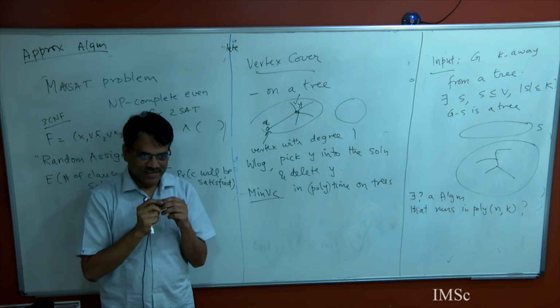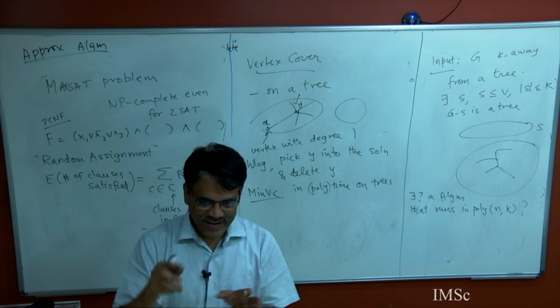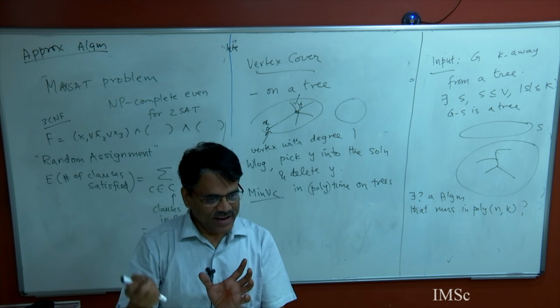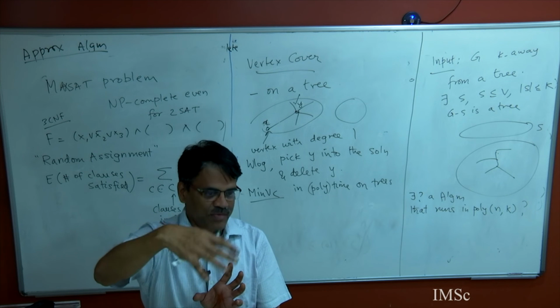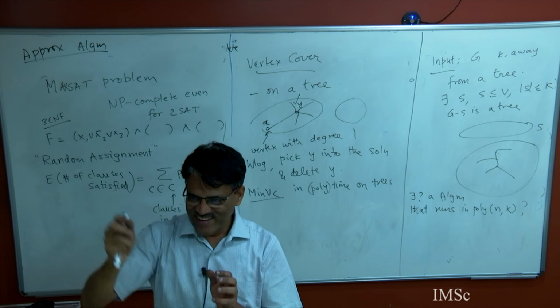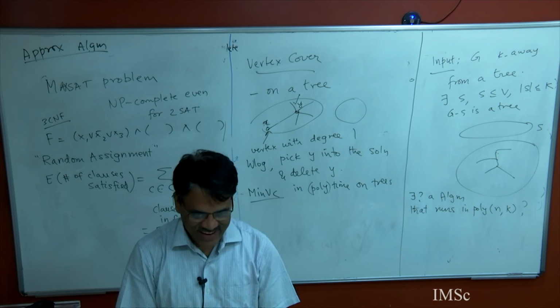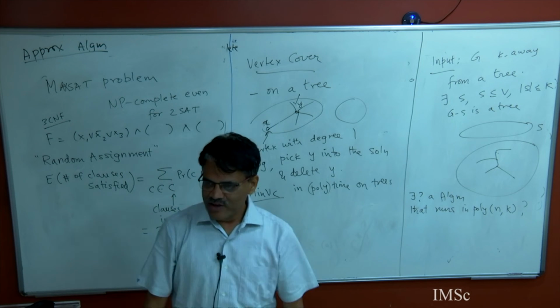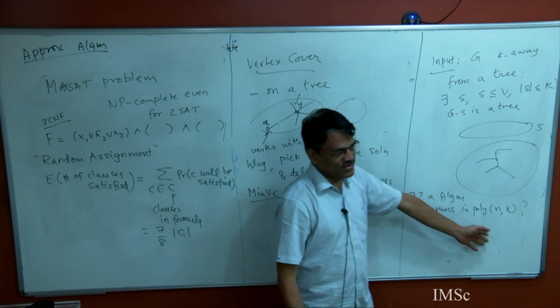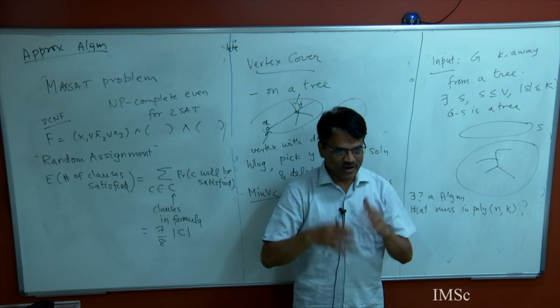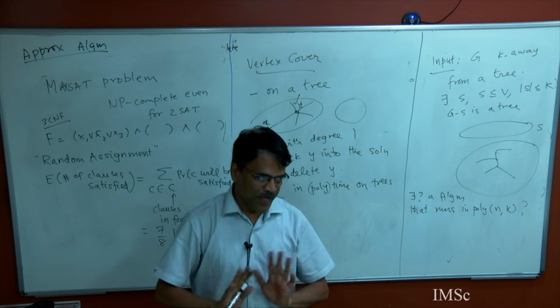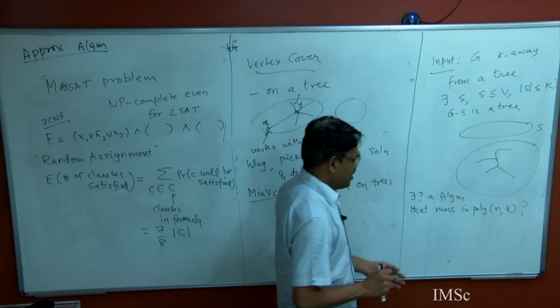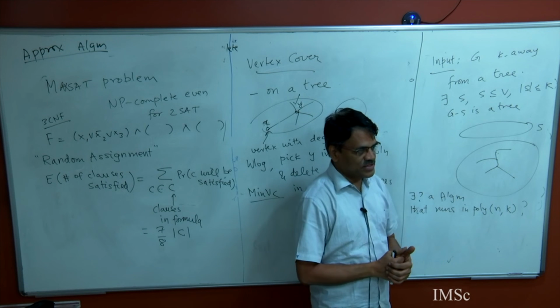Any simple graph, I keep an edge, delete everything else. That edge is a tree. So that k is n minus 2 vertices, right? So any graph is actually a tree plus some n minus 2 vertices. So if you have a poly in n and k algorithm, then that would be a poly algorithm for minimum vertex cover. So there is no hope. Something you have to be exponential in.